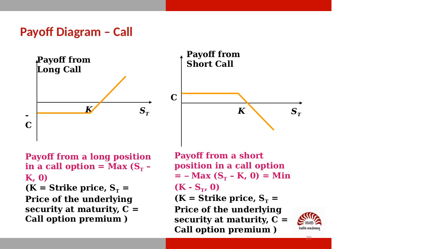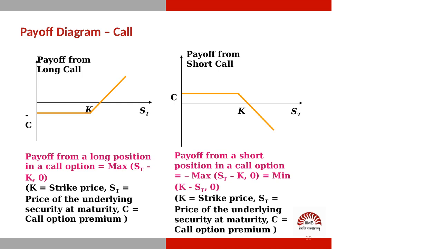So the person who pays the premium is the buyer of the contract, and the buyer of the contract is the person who retains the right to decide what to do. The person who sells the contract is the person who receives the premium.